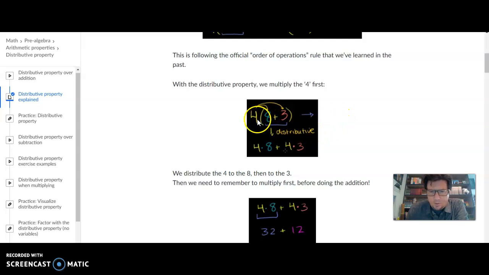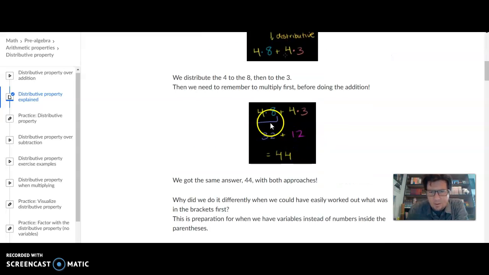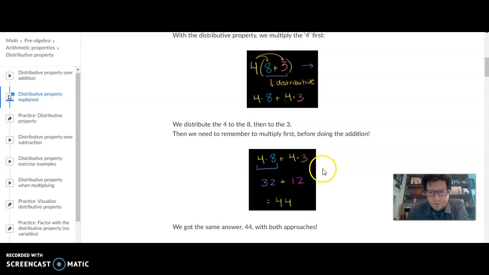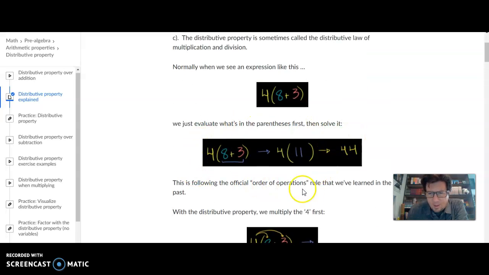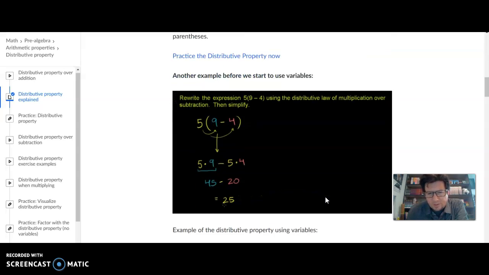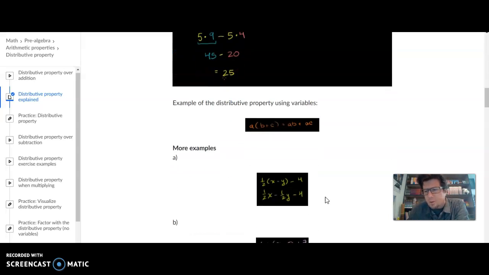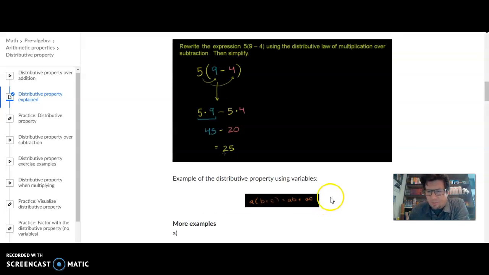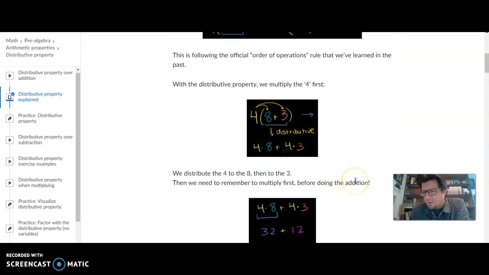So you can do 4 times 8, okay, plus 4 times 3, and that's what we have down here. 4 times 8 plus 4 times 3. 4 times 8 is 32. 4 times 3 is 12. 32 plus 12 together is 44, so you get the exact same answer as you do when you use the traditional order of operations. This is just what we call the distributive property, and I'm sure you're going to learn much more about that in today's videos and Khan Academy assignment.